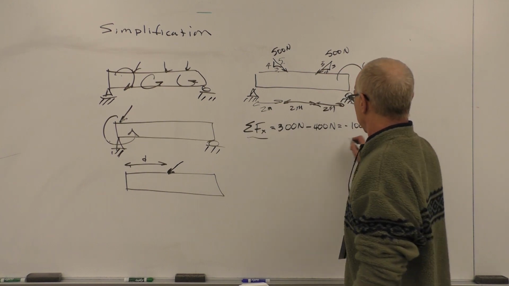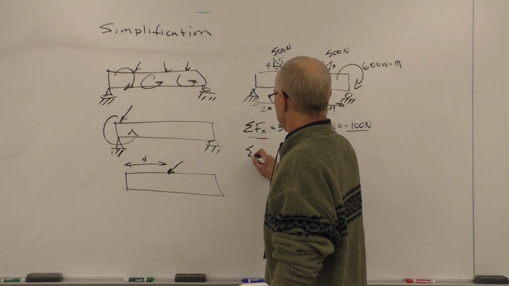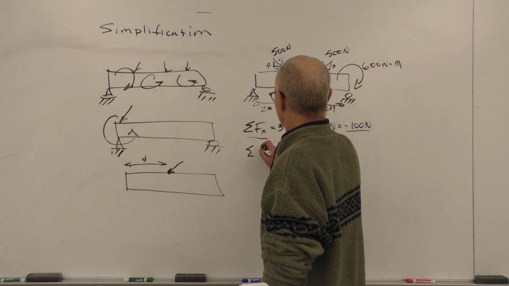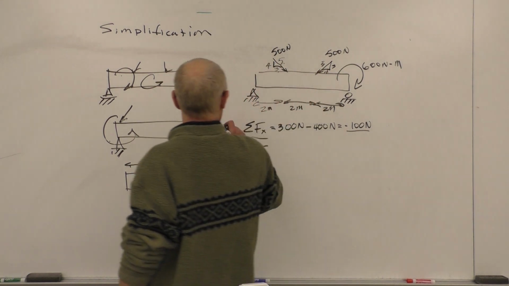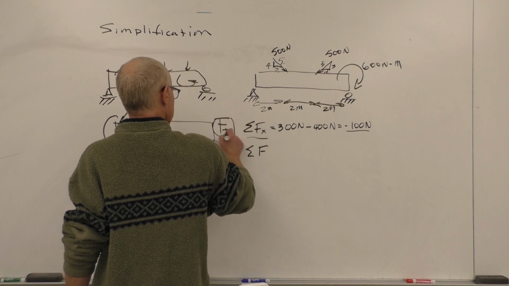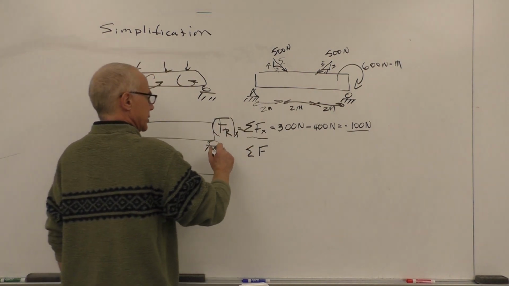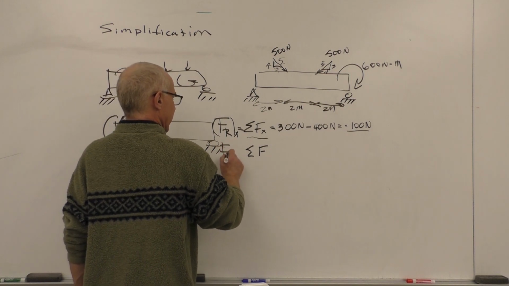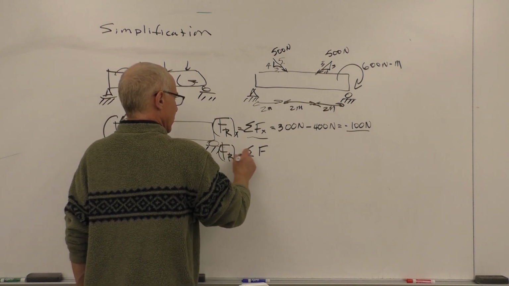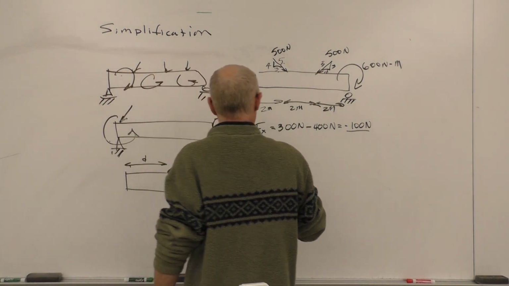That's my F_R of x. Actually, what I should have written here, I'm sorry, is F_R of x, the magnitude of my resultant vector in the x direction, and the magnitude of my resultant vector in the y direction.